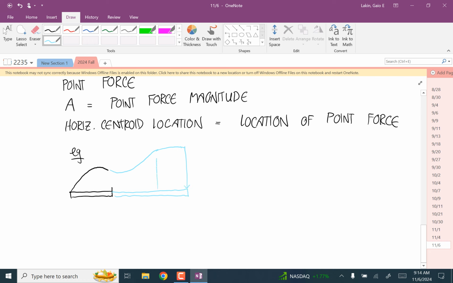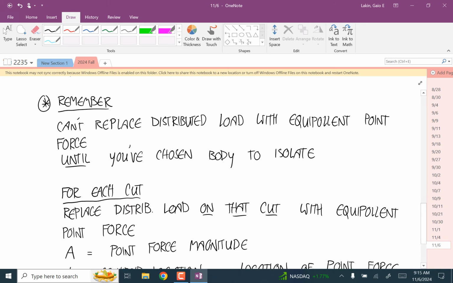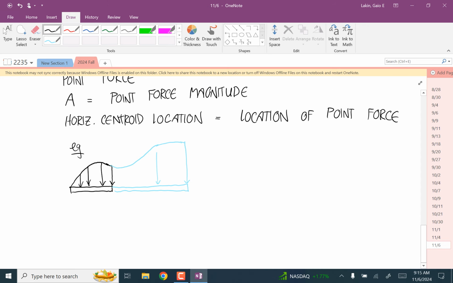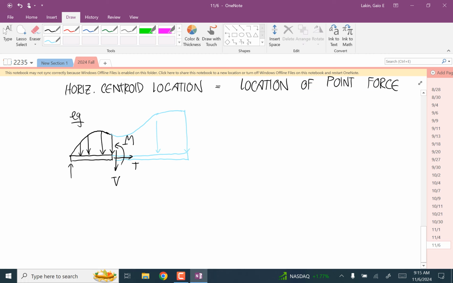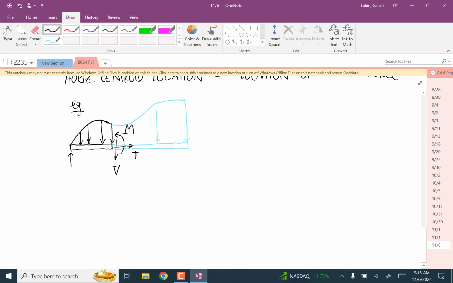Okay. We're only including the part of that distributed load that's on the piece we're isolating. And then we have our internal loads like this.